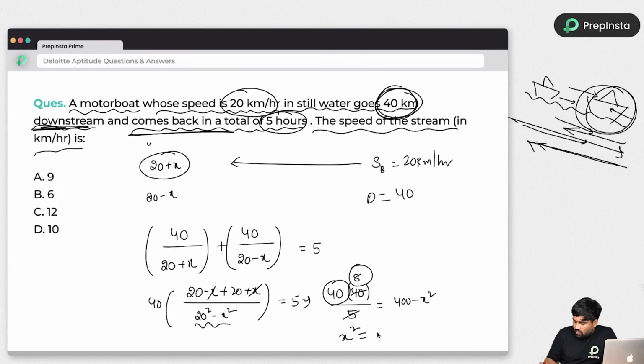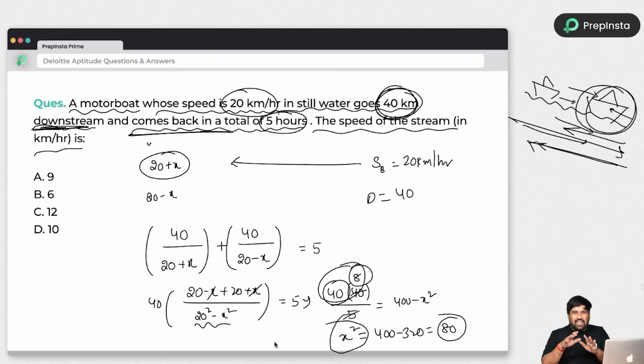So x square is equal to 400 minus 320, which is equal to 80. So x square is 80, so the answer will be x approximately 9. It is around 8.8 something, but you can approximate, right? So the answer is 9 kilometers per hour, the x value, because x square we got 80.